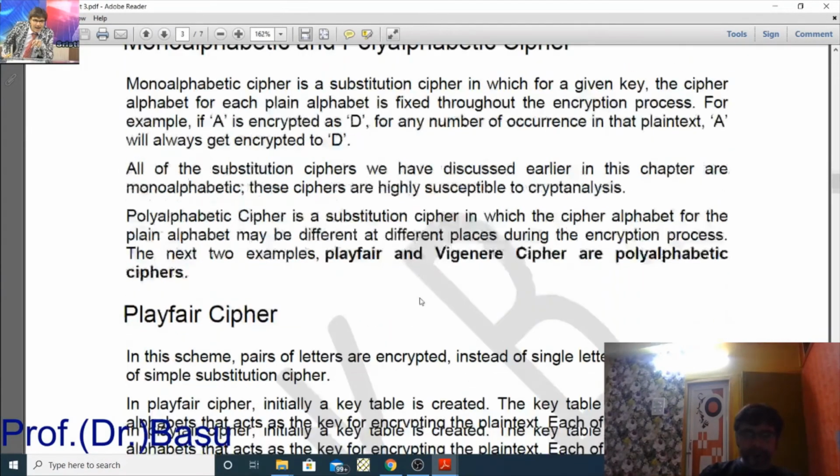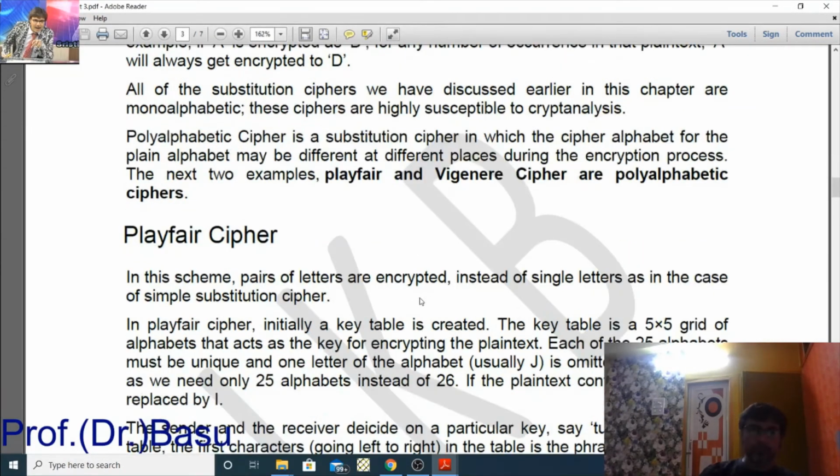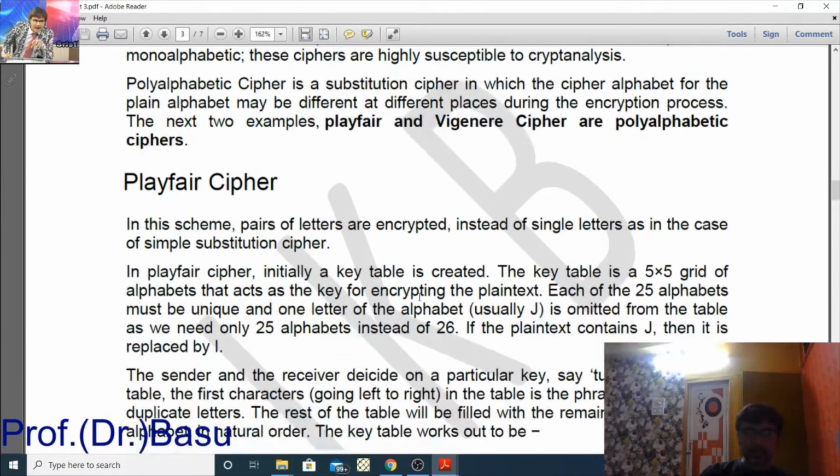Now let us proceed to the Playfair cipher. This is one of the important techniques for this subject, and you may get questions in the exam also. We have 26 letters actually.